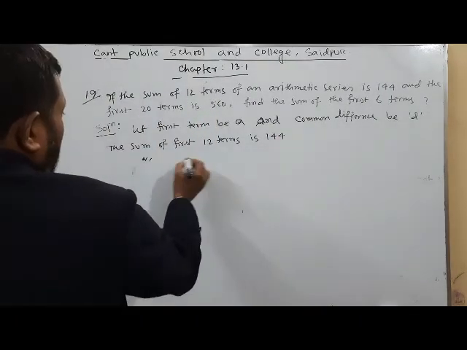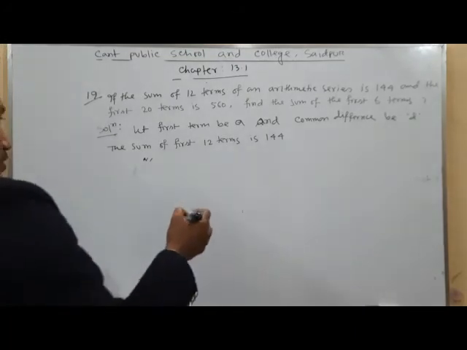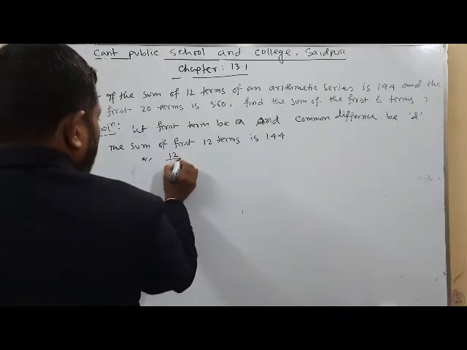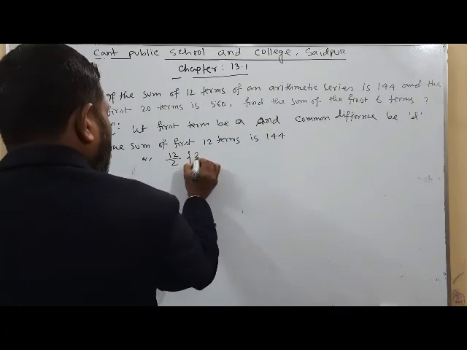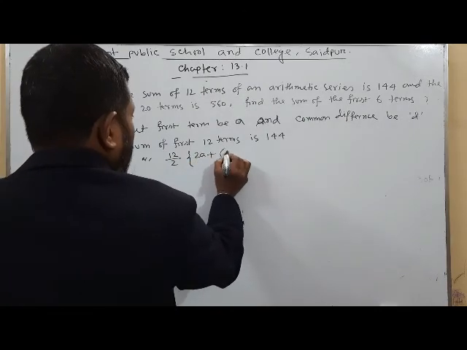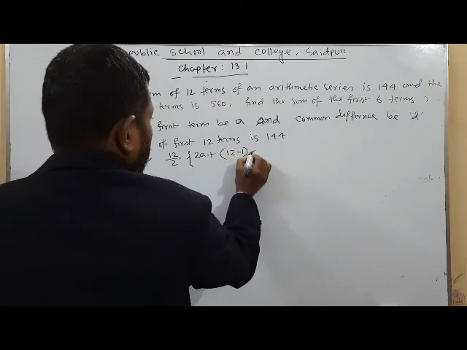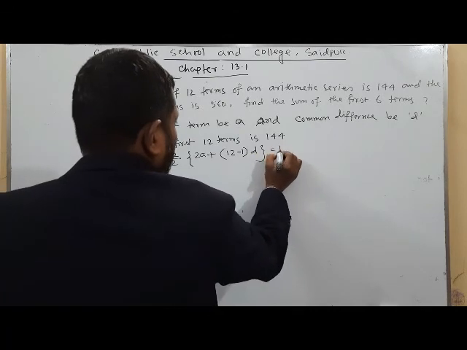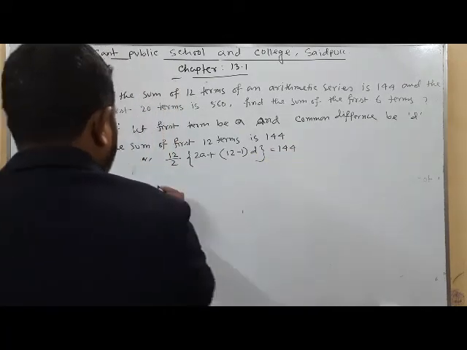Here the number of terms is 12, so 12 by 2 times (2A plus 12 minus 1 into D) is equal to 144.